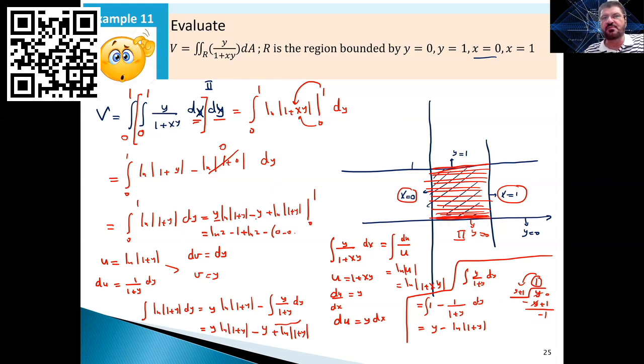Put the 0 here plus ln 1, isn't it? But ln 1 is 0. So 2 with 2. So this is 2 ln 2 minus 1, which is equal to ln 4 minus 1, isn't it? ln 4, because this 2 goes up, it will be 2 squared, and this is the answer, guys. It's ln 4 minus 1.